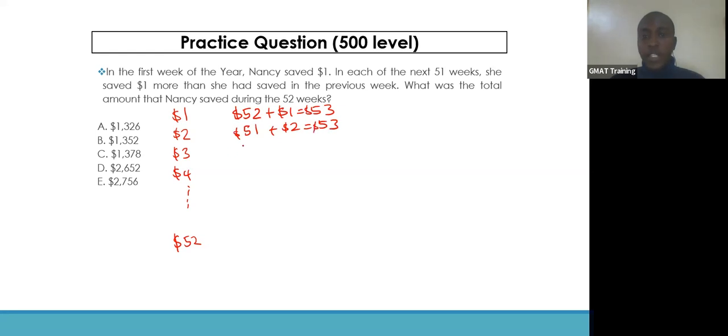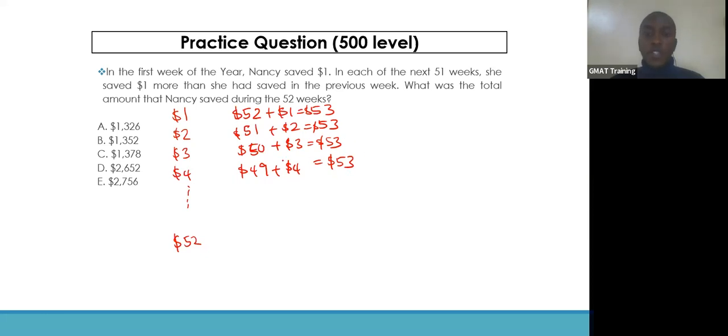I hope you're seeing a pattern here. Drop down, you can have 50 here, and add up here, and you'll have $3, that's 53. Drop down once more, 49 plus $4, that's 53. Now, we're seeing a consistent value here, $53.